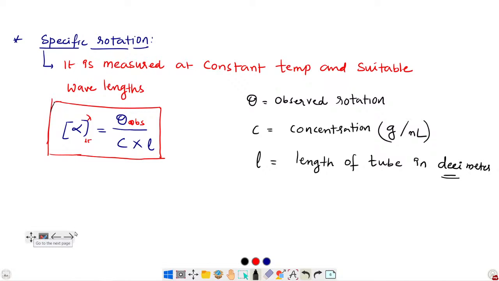And next, representation of organic compounds.